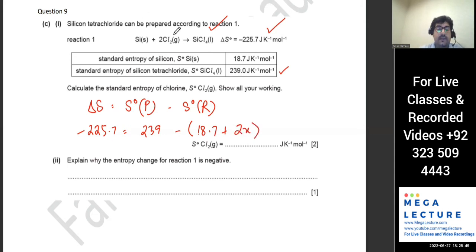Cl2 is not given. So one of the reactants is not given. The question is exactly the same, but it's asked the other way around. They gave you the answer, but one of the entropy values was missing, and they're asking you to calculate that particular entropy value, which is not given for Cl2. Okay, is this clear, this one?